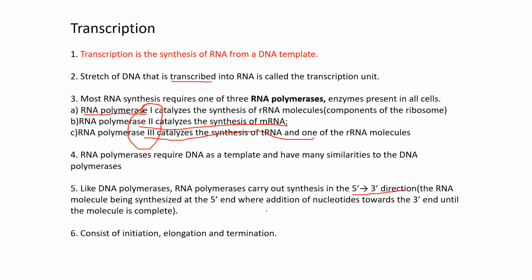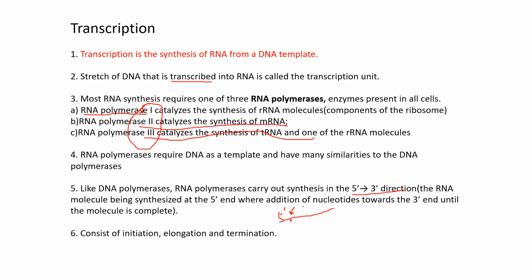Can you picture that? This is the RNA. This is the 5' end here. It starts with the 5' end, and then nucleotides are added towards the 3' end, because when the strand is about this short, the 3' end is somewhere around here.